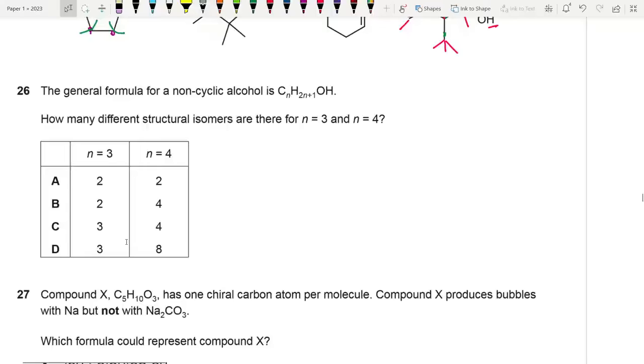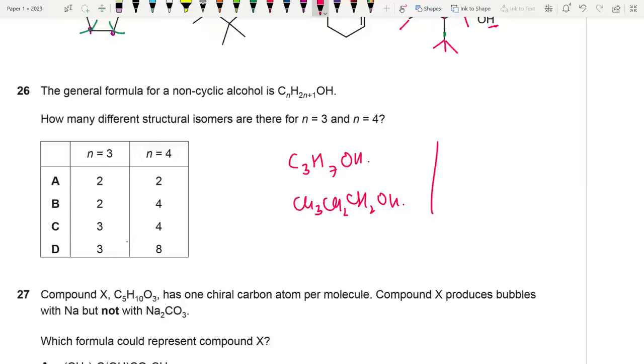How many different structural formulas are there for N equals 3 and 4? Let's see. C3H7OH, which is basically CH3CH2CH2OH. That's one.